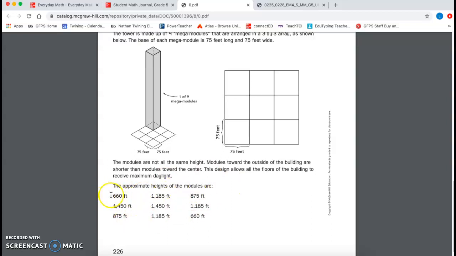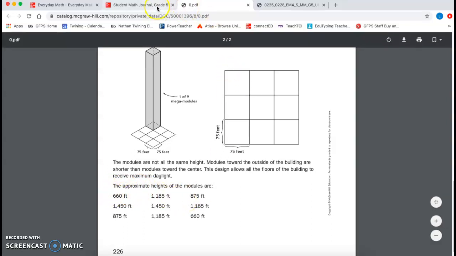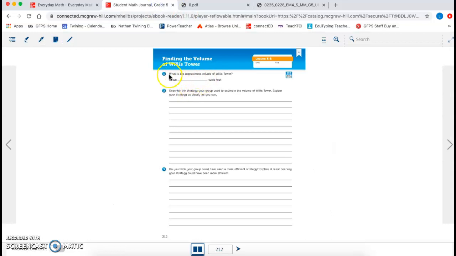You only multiply each one of these numbers by 75 and then by 75 again, okay, to find the volume. And then once you've done that, you add all of those totals. Okay, once you've found all of those totals, you're going to write that the approximate volume of the Willis Tower is about however many cubic feet it ends up being.